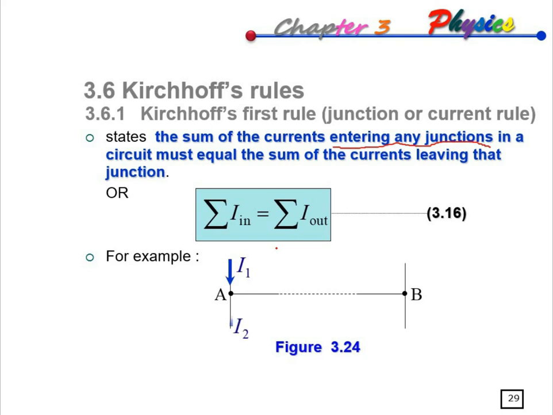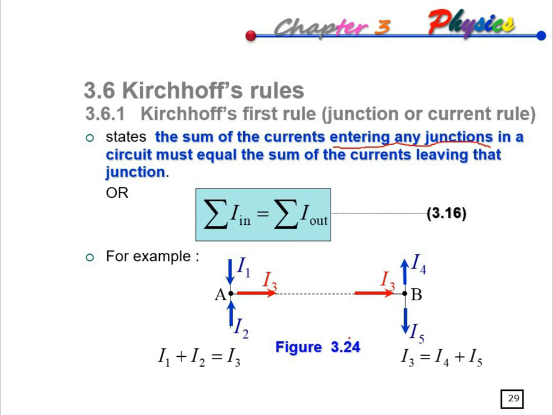For example, we have the node here, the point of junction A, and then the point of junction B. The current that flows into junction A is I1 and I2, and the current that flows out from this junction is I3. For point B, the current entering is I3, and we have two currents going out from point B, I4 and I5.